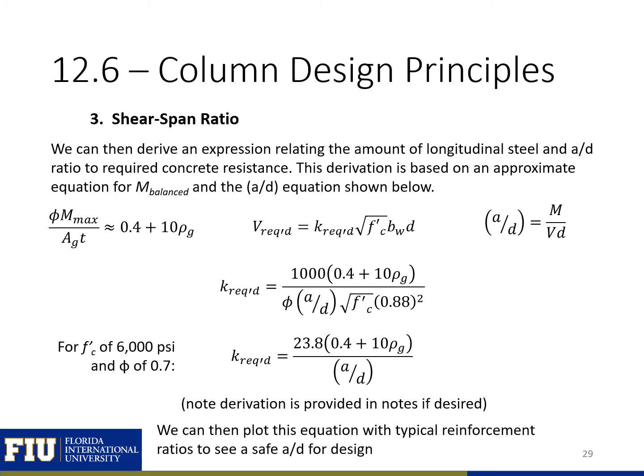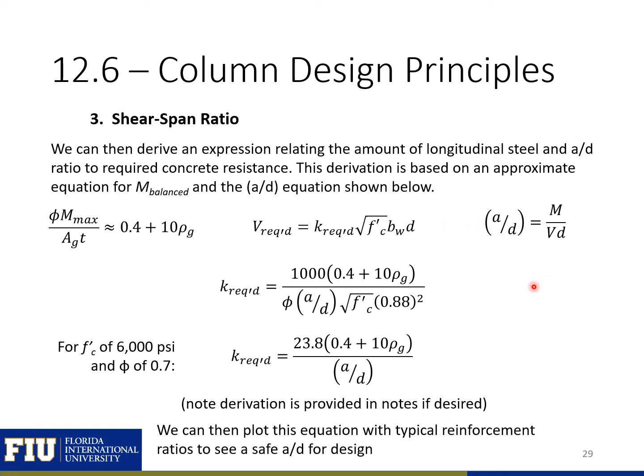We can then derive an expression relating the amount of longitudinal steel and the shear span to depth ratio to the required concrete resistance. This derivation is based on an approximate equation for M max or M balanced, an approximate equation for the shear resistance, and our shear span to depth ratio being equal to M divided by V times d.